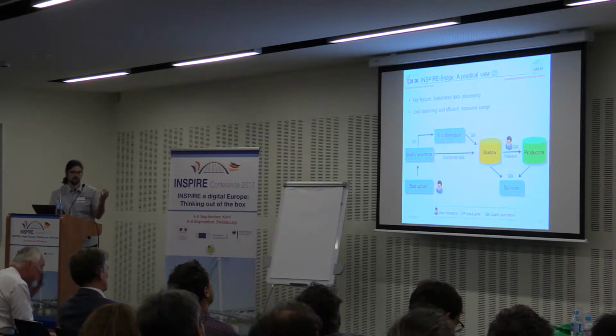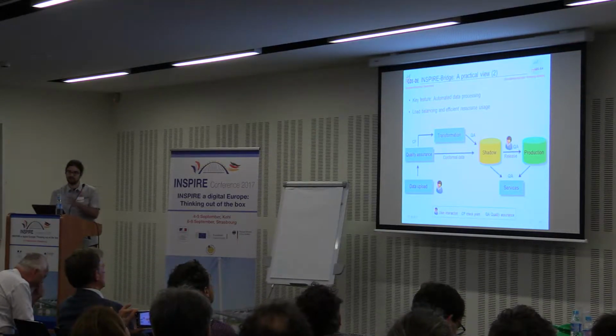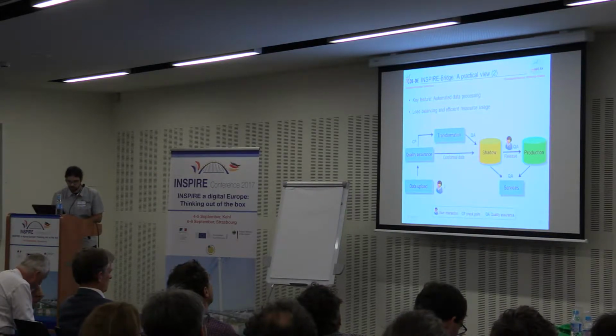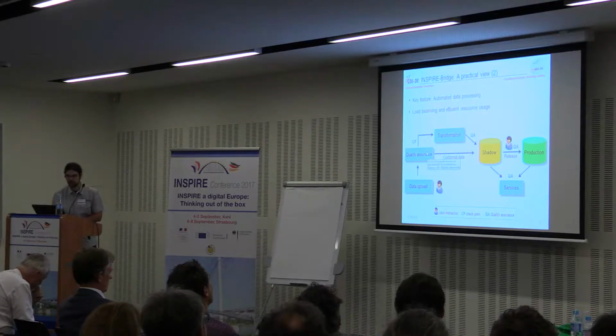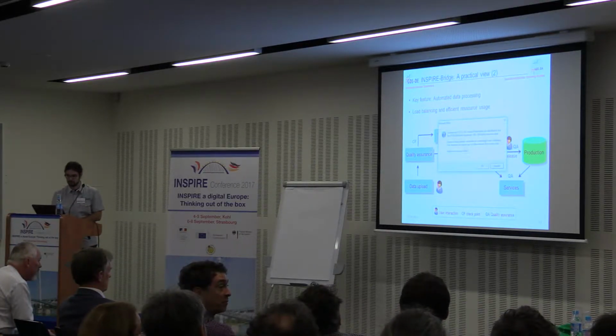At this step, the data is automatically assigned to the particular data model, and a quality check is executed. Let me shortly demonstrate this with a clip, how this looks from the user's perspective. Hopefully it works.